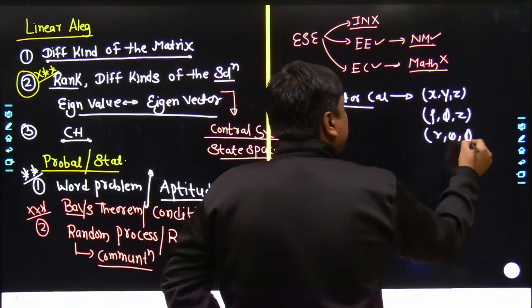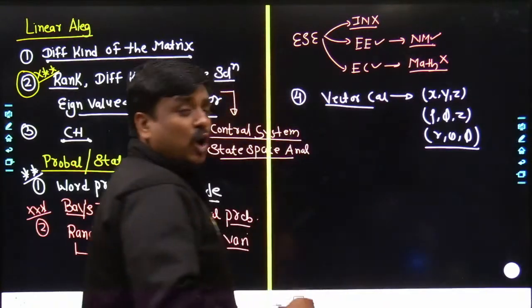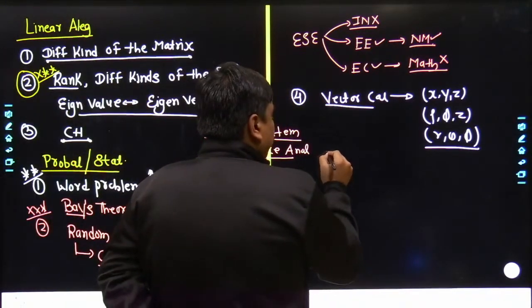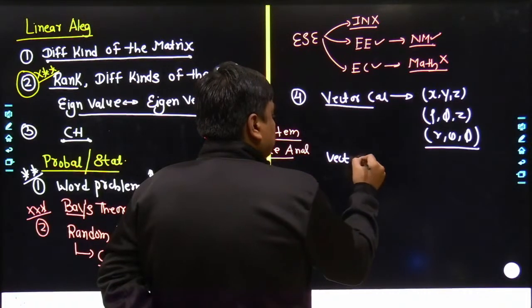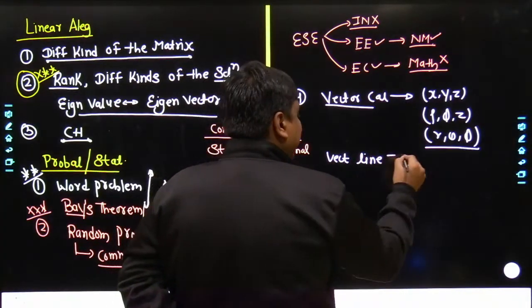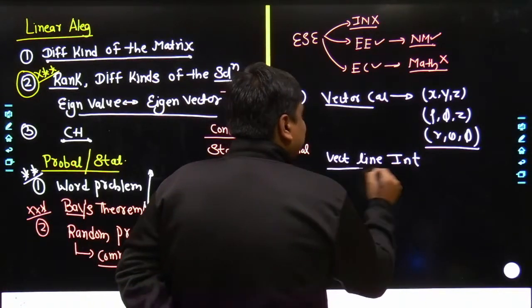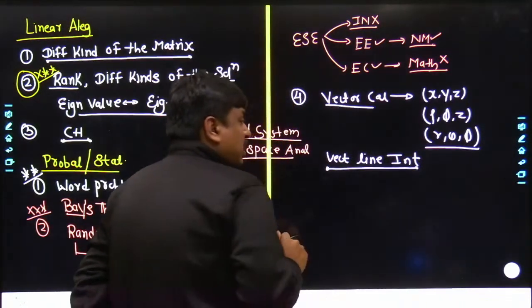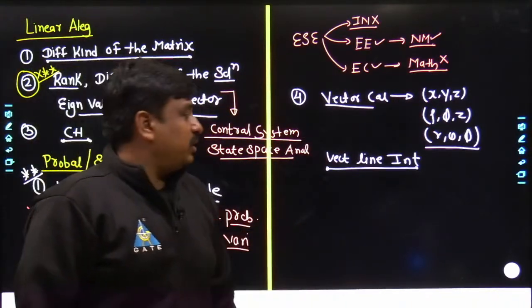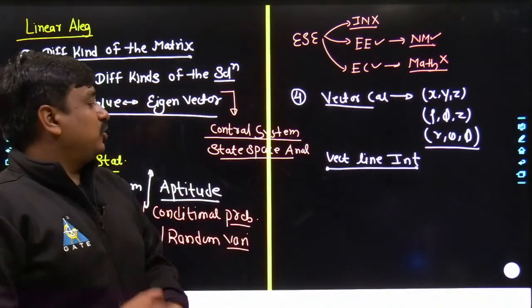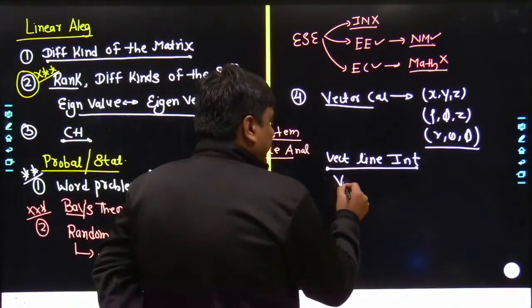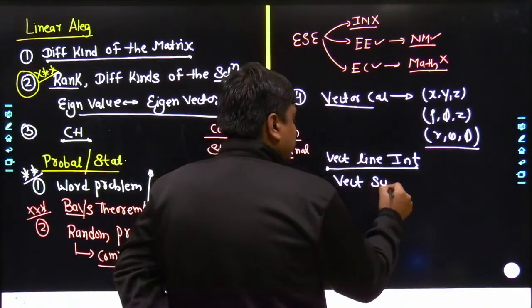And you have to be very, very thorough about all of the vector integration, which starts from vector line integration. One problem came straight away from vector line integration this year in electrical engineering, where it was asked to find the work done by a charge for bringing a charge from a certain point to another point and bringing it back. So here goes vector calculus integration. Then I should be focusing on vector surface integration.